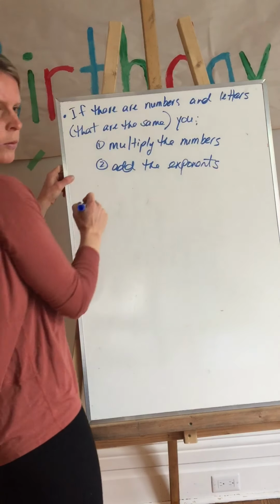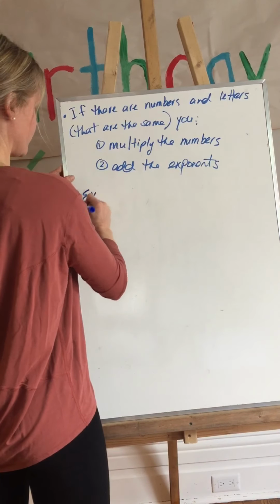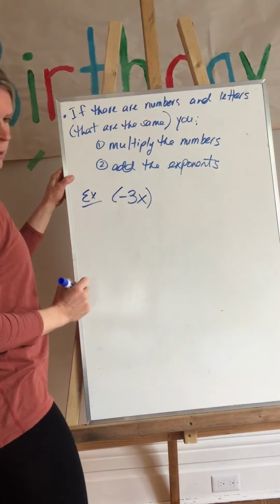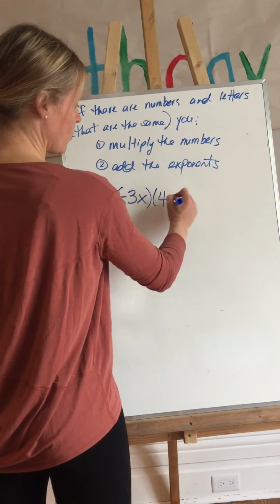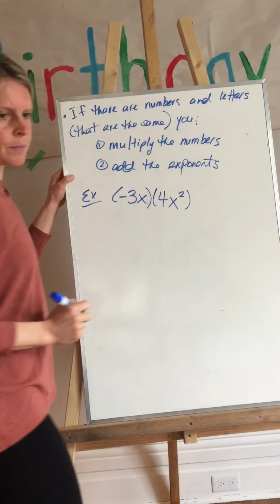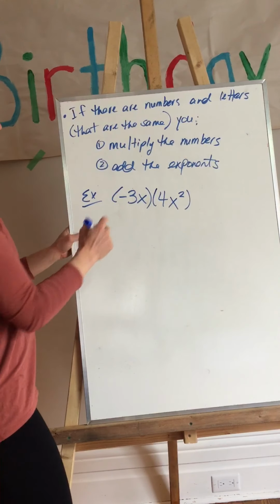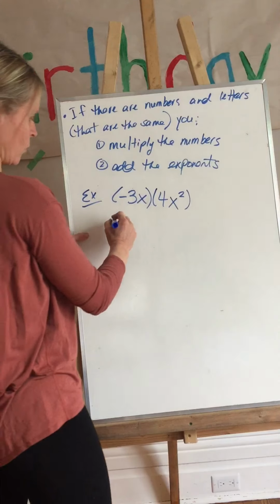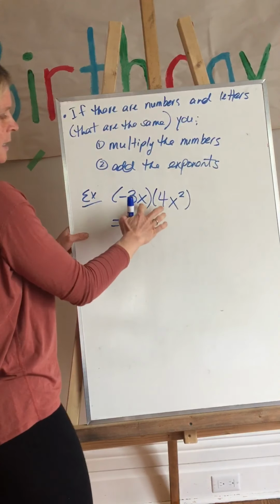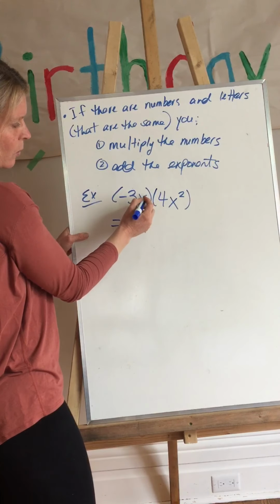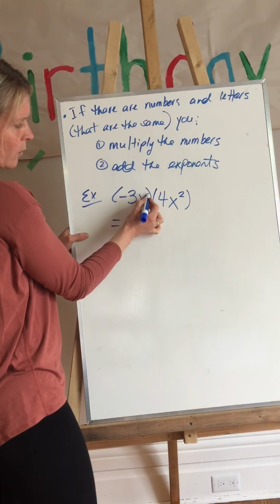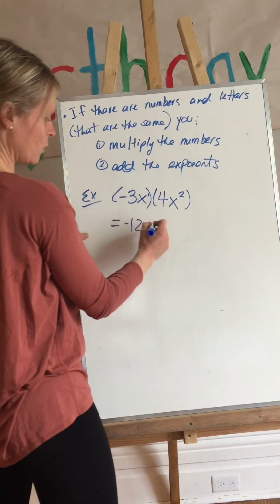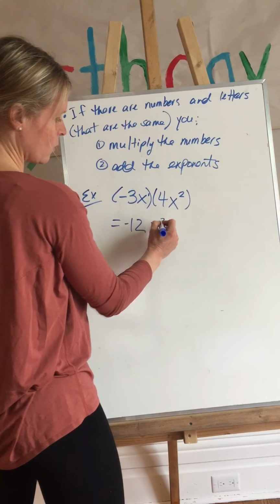To give you an example, let's say I had negative 3x times 4x squared. The rule was to multiply the numbers. So negative 3 times 4, that's negative 12. And to add the exponents. Remember, when there's an x on its own, there is a 1 there. So it wouldn't just be 2. It's going to be 1 plus 2, so x cubed.